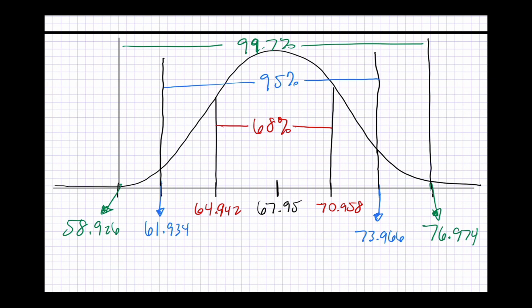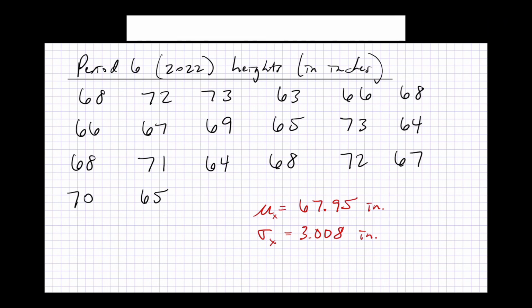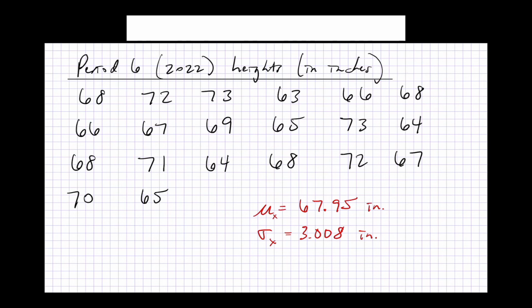Let's see. So I count 65 to 70. 65 to 70. 1, 2, 3, 4, 5, 6, 7, 8, 9, 10, 11.